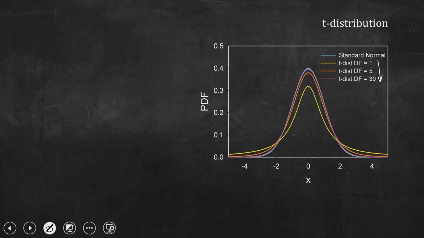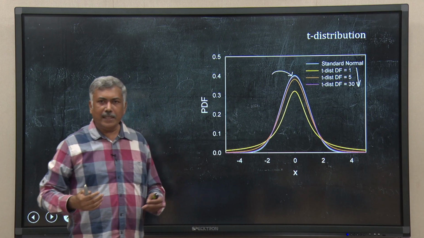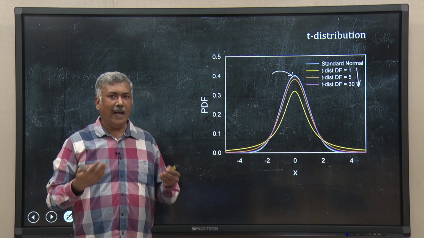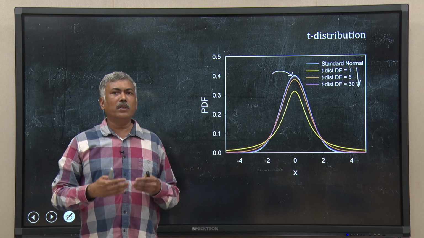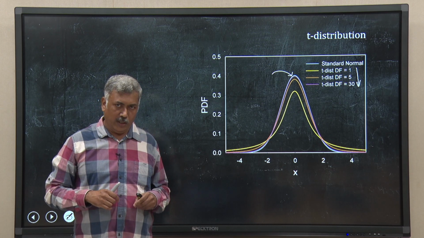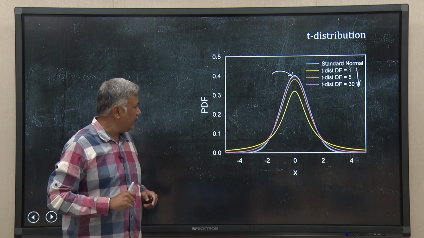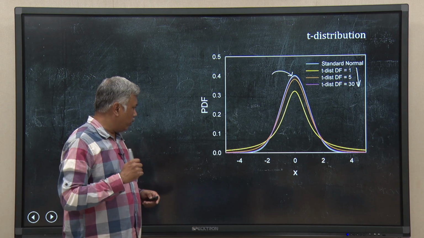You can see it is almost converging with the blue line, the standard normal. So as the degree of freedom becomes very large, the t-distribution becomes close to a standard normal distribution. Fine, we have learned the t-distribution, which is good enough for this lecture and subsequent data analysis.